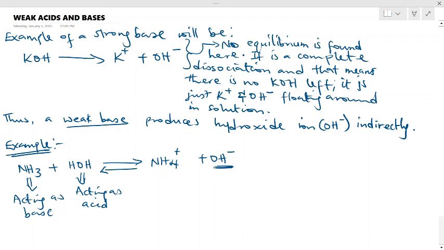So the hydroxide ion in this reaction has been produced in the solution.